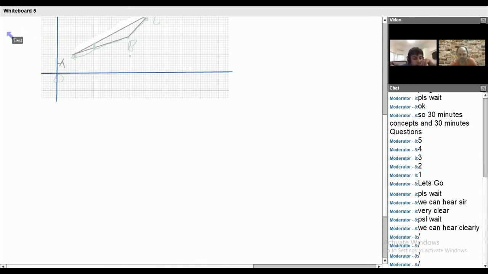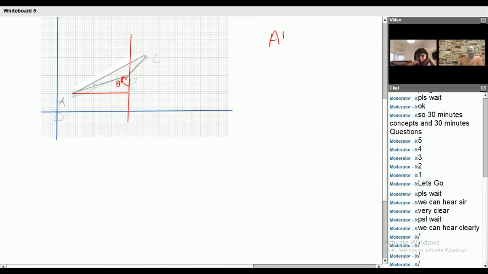Now they are saying AB makes an angle with a line parallel to the y-axis. So if we draw a parallel line like this, line AB makes an angle with this one. Let's say this is theta. Now the question is, how are we supposed to find AB?